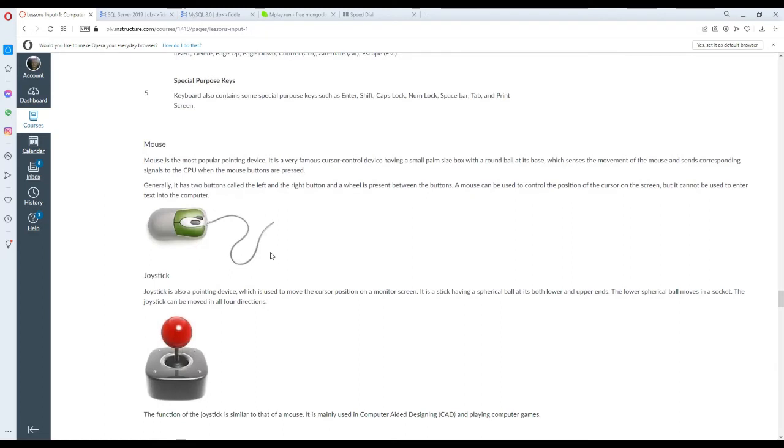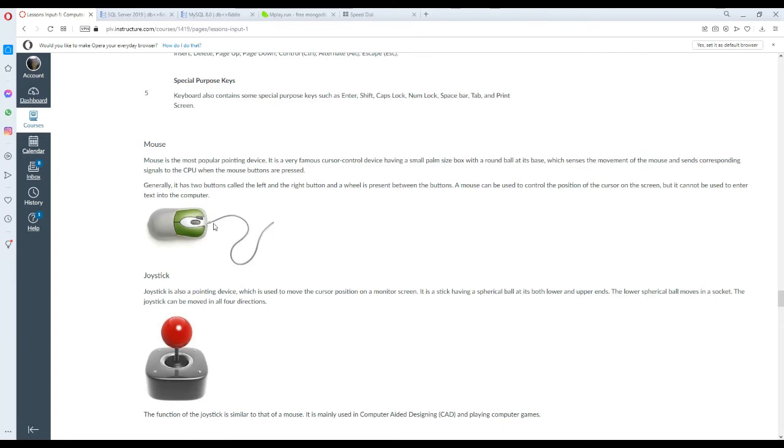For the mouse, okay, it is the most popular pointing device. This one is also influenced by Steve Jobs. Okay. They are one of the first companies to actually use the device in their computer. Okay.